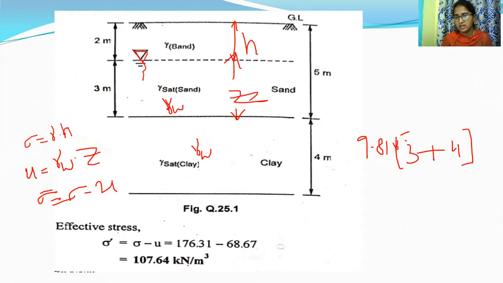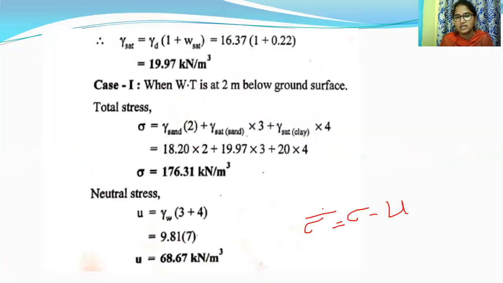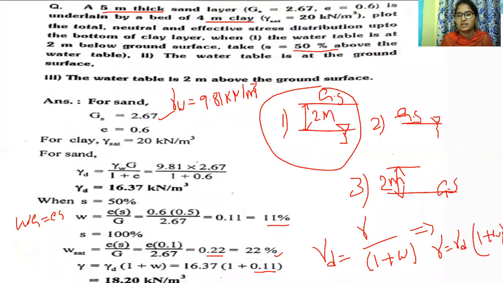But here we are not drawing the pressure distribution diagram, that is, the total stress, neutral stress, and effective stress diagrams, because it is not mentioned. The question is simply asking to plot the total, neutral and effective stress up to these 3 layers.